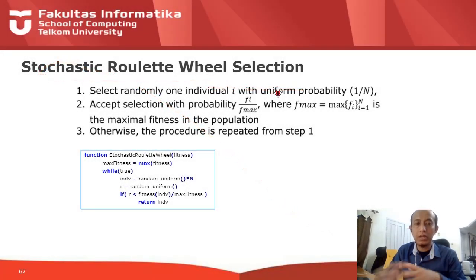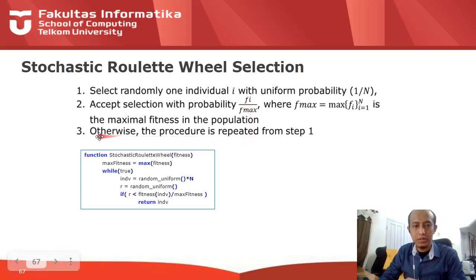For stochastic roulette wheel selection, we first select randomly one individual with uniform probability, but then we have an acceptance criterion. So we generate another random number, and only accept that individual using this probability equation.